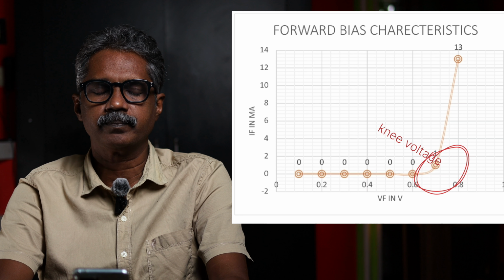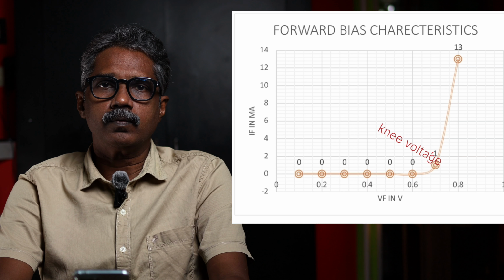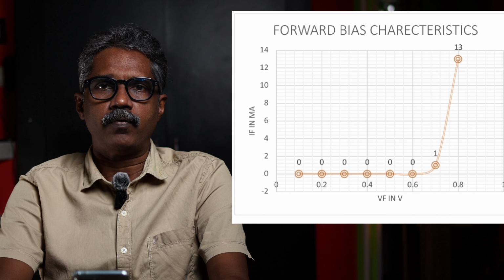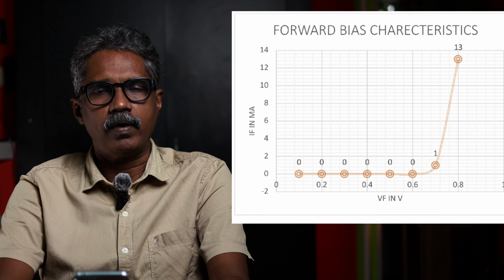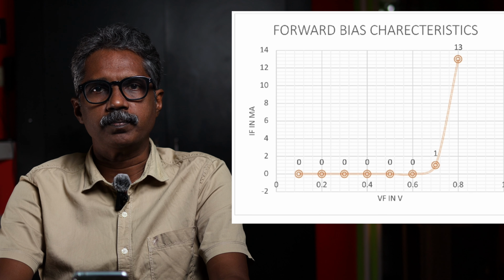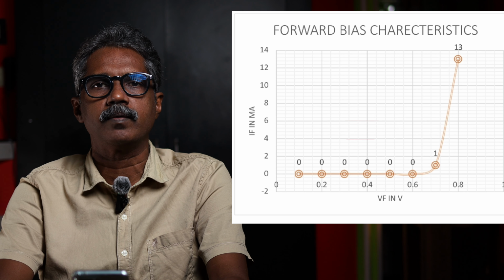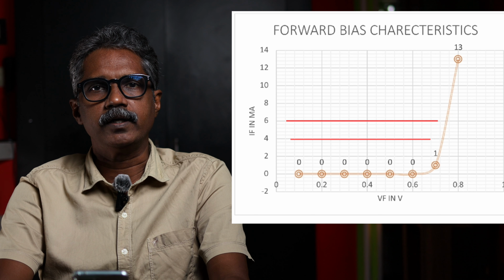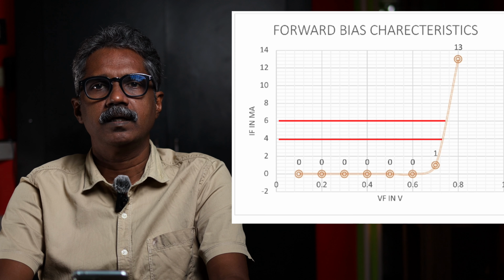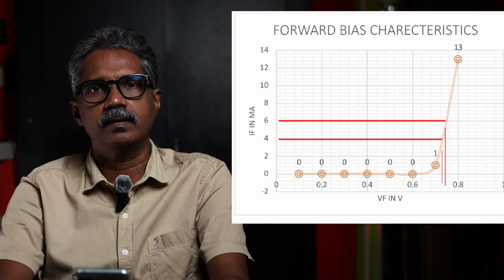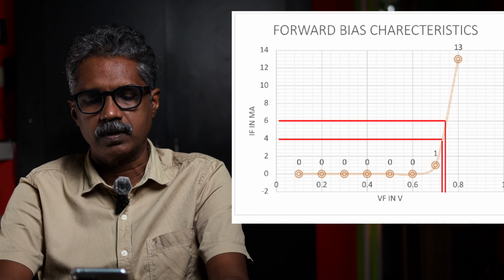So you can mark the knee voltage in the graph. Now we are going to find out the forward resistance of the diode. For that, you have to take a slope. For taking slope, draw two horizontal lines from y-axis and two vertical lines from x-axis, and those four lines will meet the curve at some points.